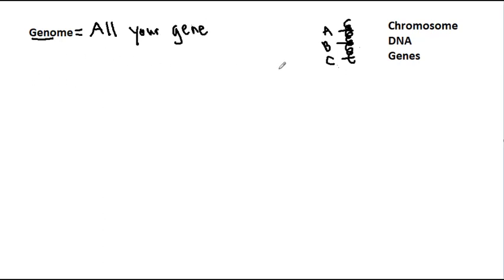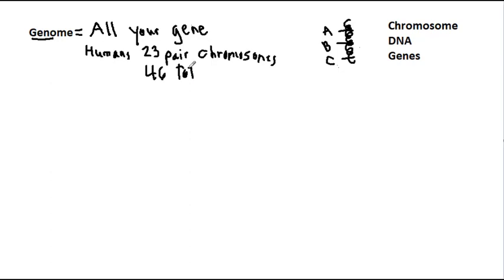Humans have 23 pairs of chromosomes, 46 total. So let's draw our genome. Here's one chromosome from the father.